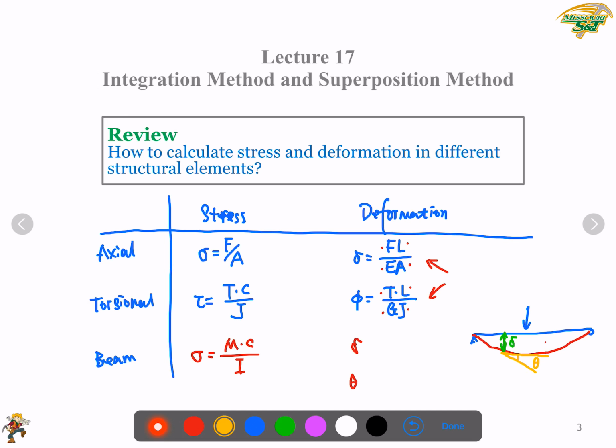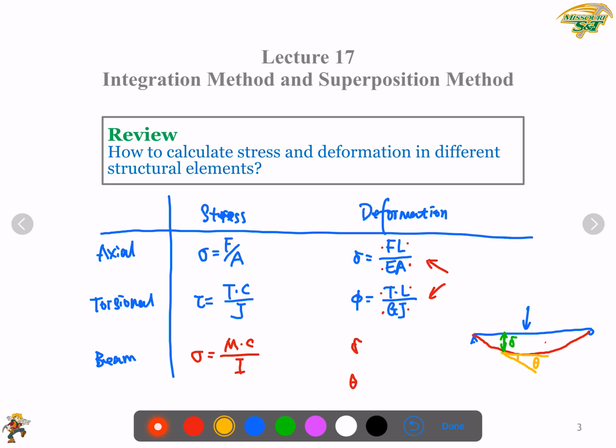I can tell you that you cannot find an easy, unified equation to solve these two components. Which equation or method we use will depend on the distribution of load on this beam.